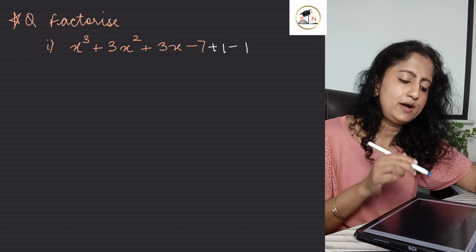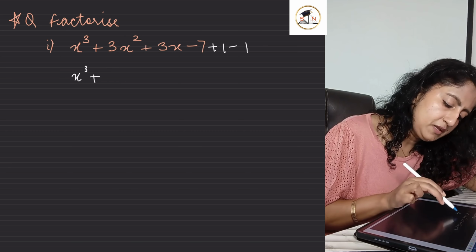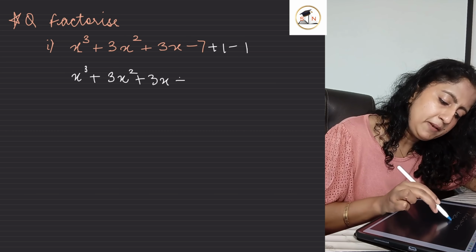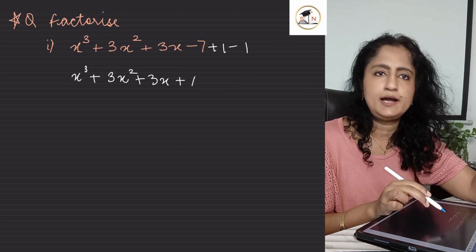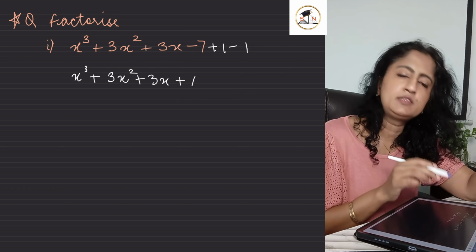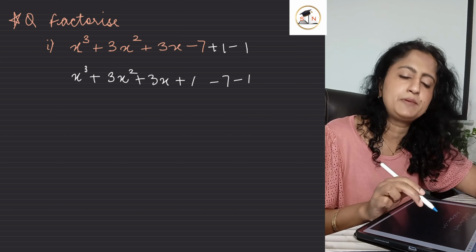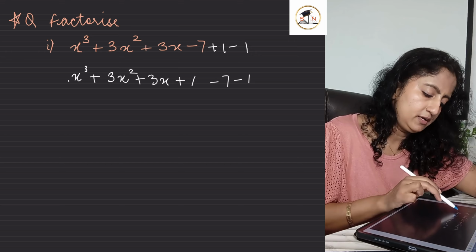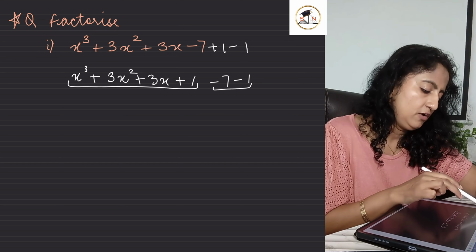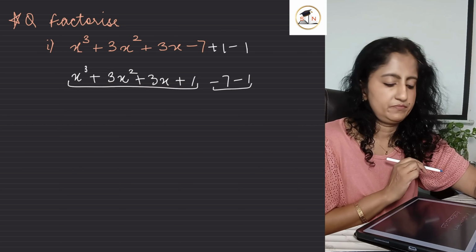But now, how do I actually work on it? x cubed plus 3x square plus 3x plus 1. I had added 1, I had subtracted 1. So I am shifting that positive 1 with the remaining terms and I am keeping minus 1 and minus 7 separately. Just see what I'm doing. I just mark them as two groups. Now, what does this first group actually recall?